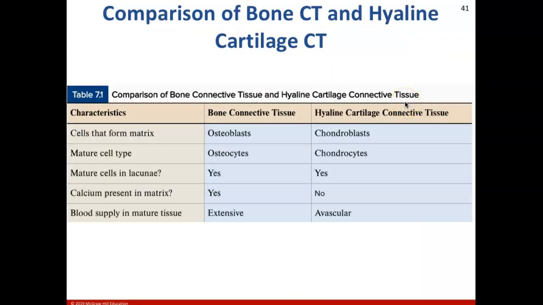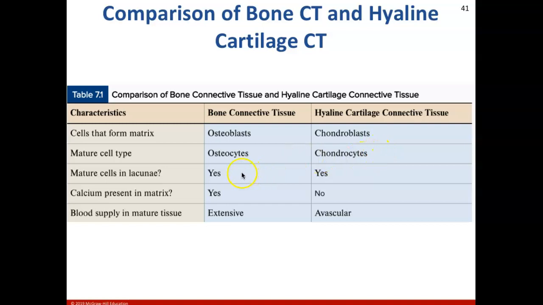And here's a nice table from your book, Table 7.1, that compares basically your bone tissue versus your cartilage tissue. So we could see that the cells that form the matrix within bone are your osteoblasts, within cartilage is your chondroblasts. The mature cells that get stuck within that matrix in the bone are osteocytes, and in cartilage are your chondrocytes.